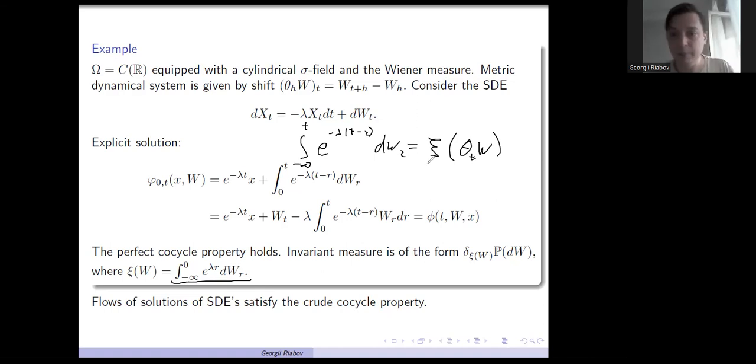So in this example, we can find the stationary point, we can find the invariant measure, which is actually concentrated on this stationary point, and also observe that the distribution of the stationary point is normal with mean 0 and variance 1 over 2 lambda, if I'm not mistaken. And this is exactly the stationary distribution for the Kolmogorov equation associated to the stochastic differential equation.